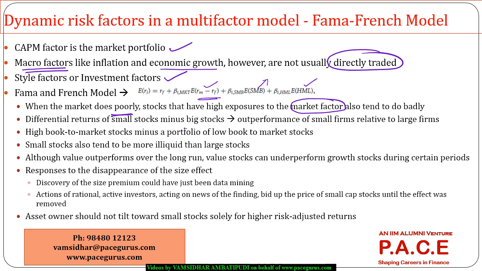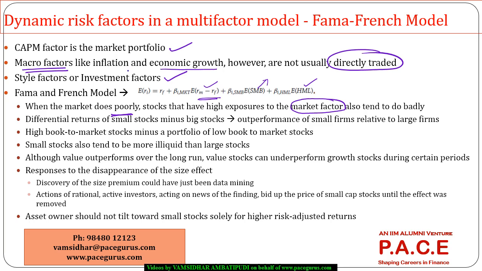Correct? Overall market is poor. So not all stocks may go down in the same manner. Those stocks which have very high exposure with respect to the market are going to be badly affected, and those that are less correlated with the overall market tend to be more or less stable.